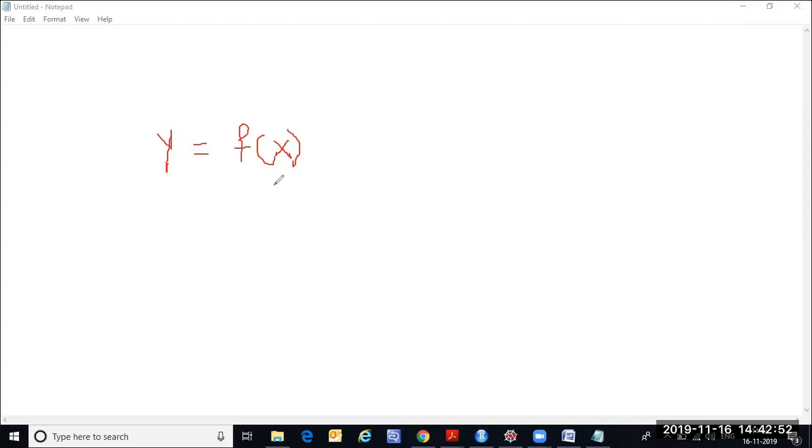That means y is called the dependent variable, or the output variable.